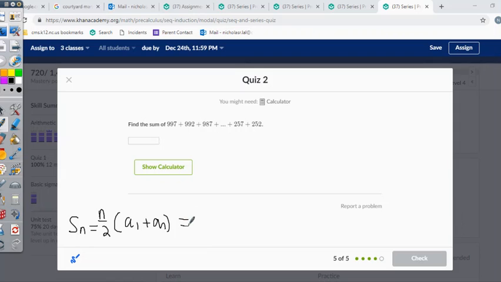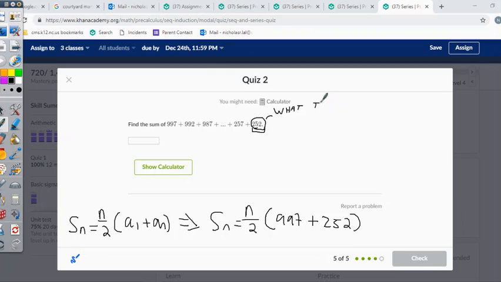Here we know that Sn is going to equal n over 2 times a1, which is 997, plus our last term, which is 252. So we just need to find n, what term number in the sequence is 252.